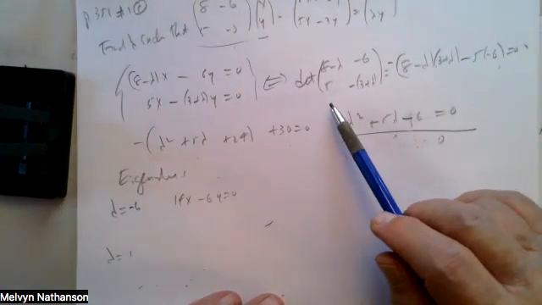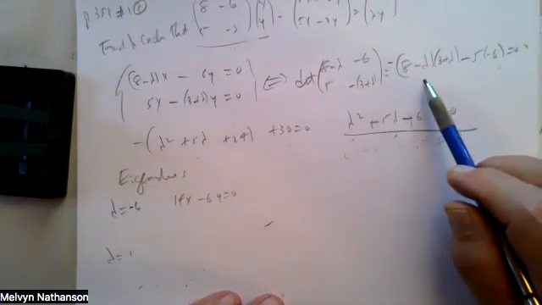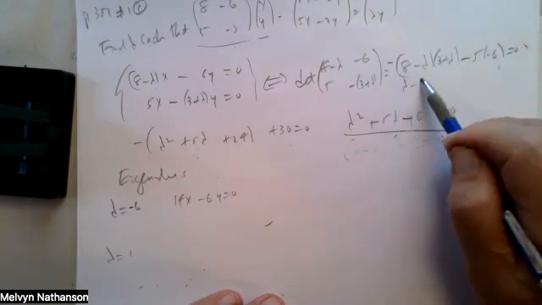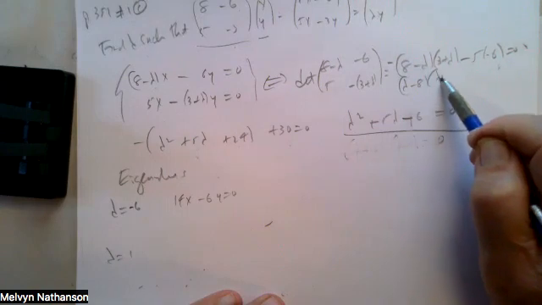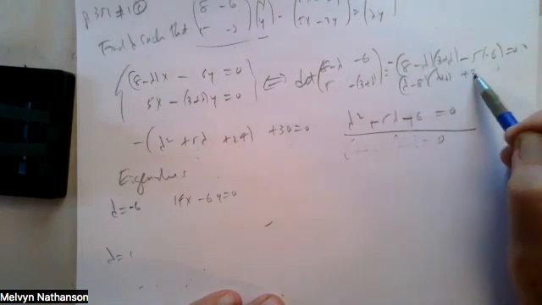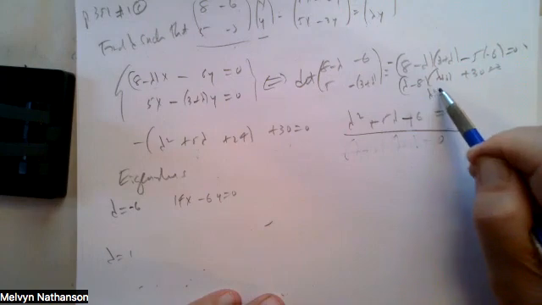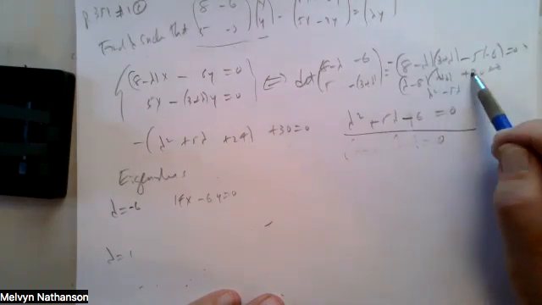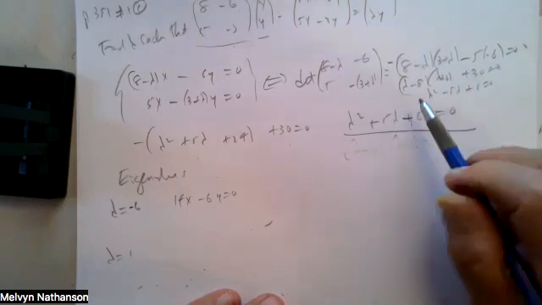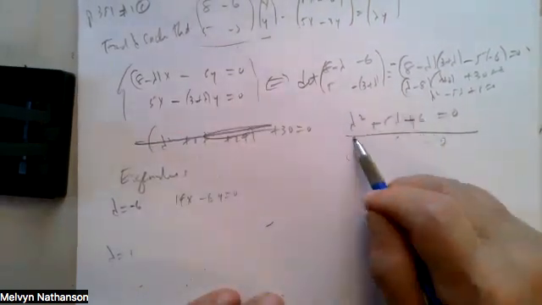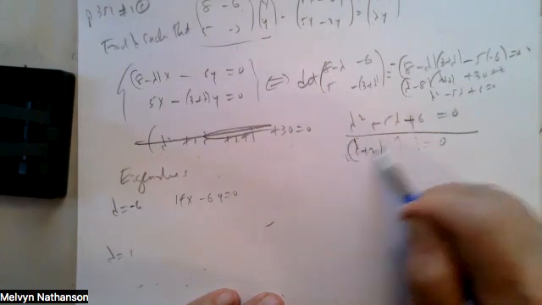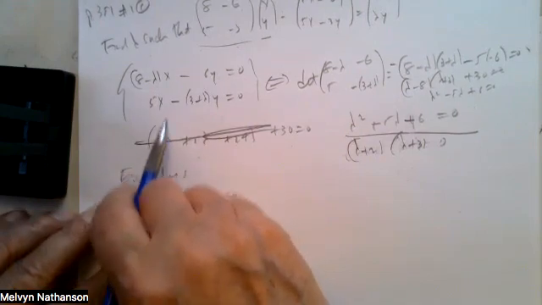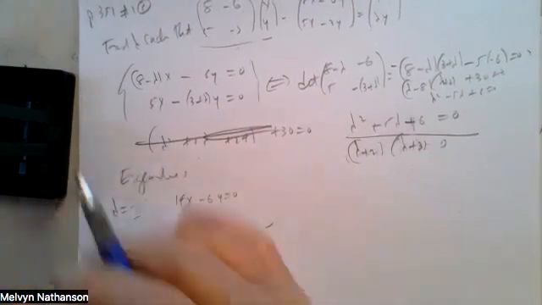So this is the same as (λ - 8)(λ + 3) plus 30 equals 0, λ squared minus 5λ minus 24, oh, plus 6 equals 0. That's right. So this is (λ + 2)(λ + 3) equals 0. So the eigenvalues are -2 and -3.